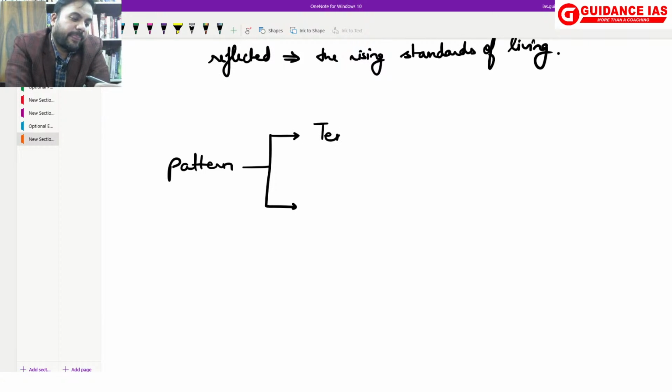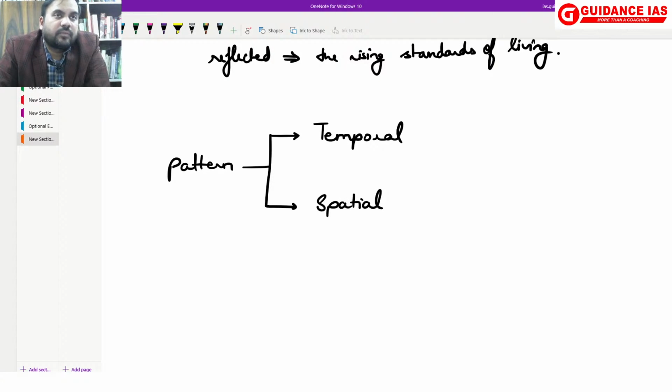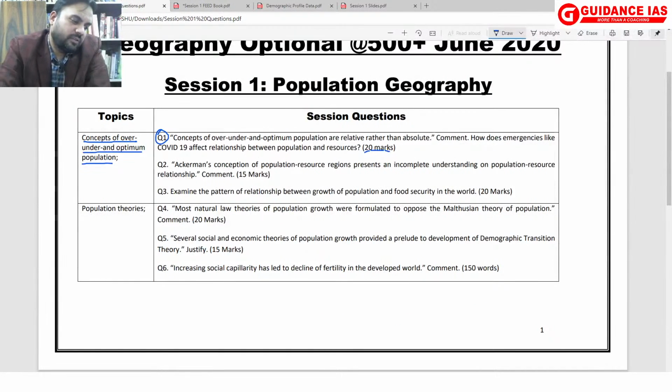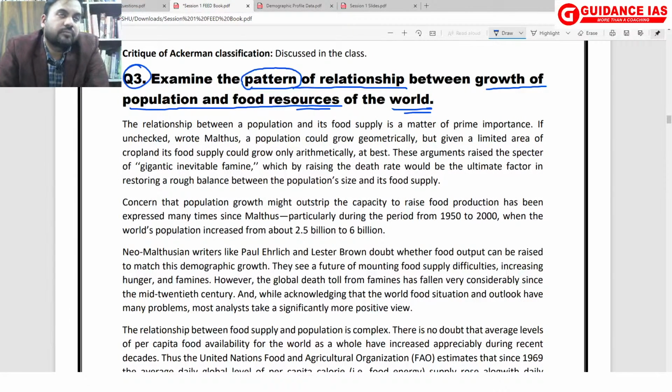One is temporal and the other is spatial. Temporal and spatial pattern. So here the question is asking, I think it is 15 marks, उसमें लिखा होगा 20 marks it is. You see, examine the pattern of relationship between, so it is 20 marks. That means you'll get in total 4 pages to write.